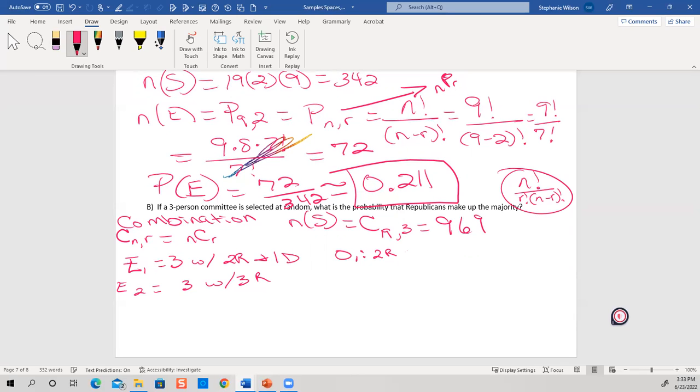And if you look at the top, there were 10 total. I'm abbreviating because of the paper room. So C(10, 2) gives me the Republicans in 2 groups. For event 2, we have 1 Democrat out of 9 available.